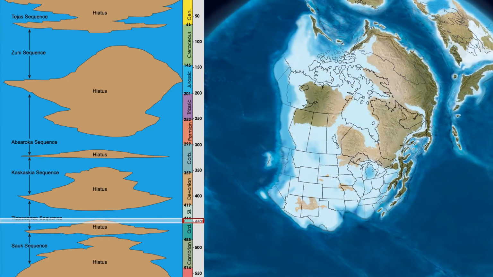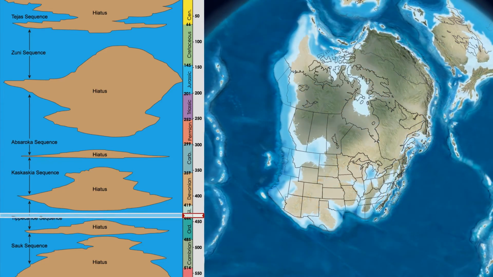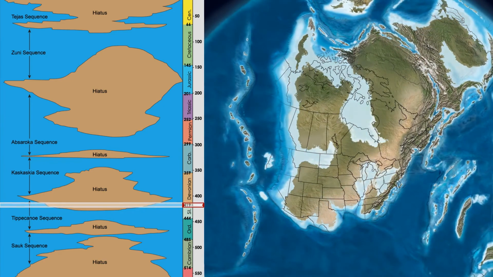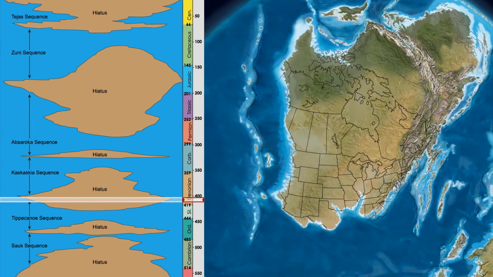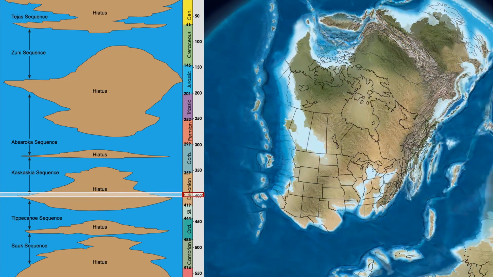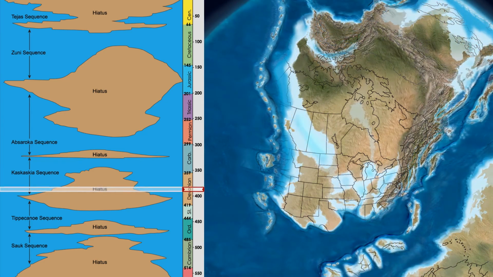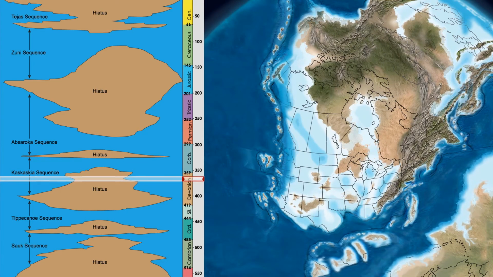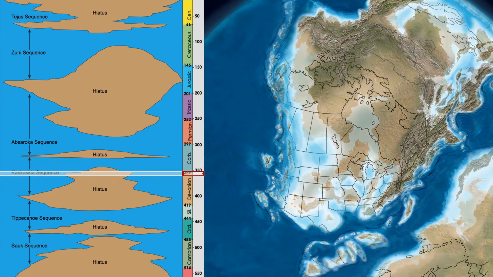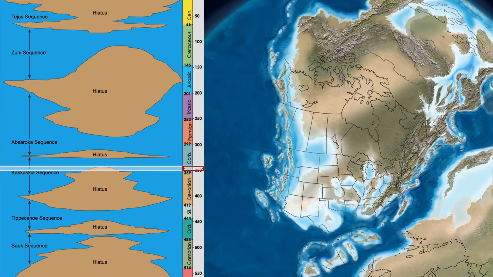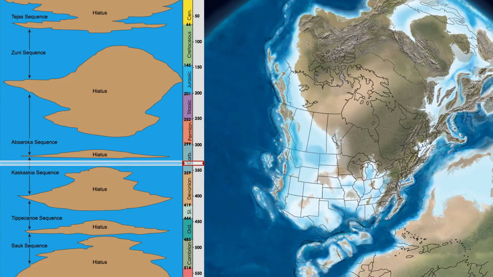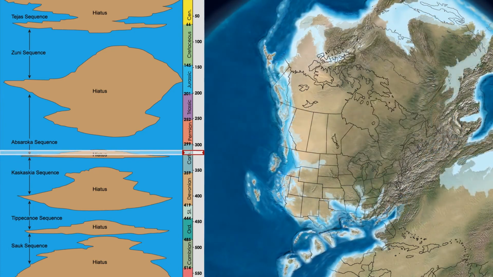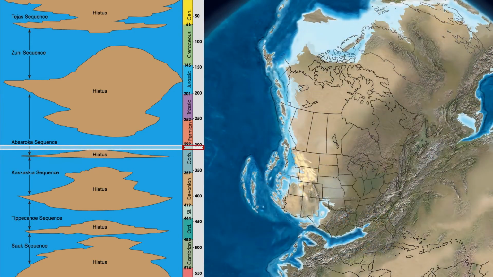And then we have a regression, and we start building it up again into the Tippecanoe sequence during the Ordovician, continuing up, and then we end that sequence, and we then go into another hiatus, and now the Kaskaskia in the Devonian starts encroaching. So this is where we would expect to find Devonian and ultimately Carboniferous sediments encroaching more and more. Sea levels are getting higher. They are now at a high for the Kaskaskia sequence.